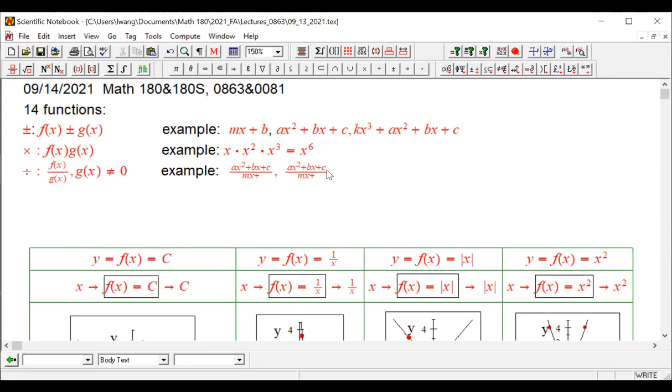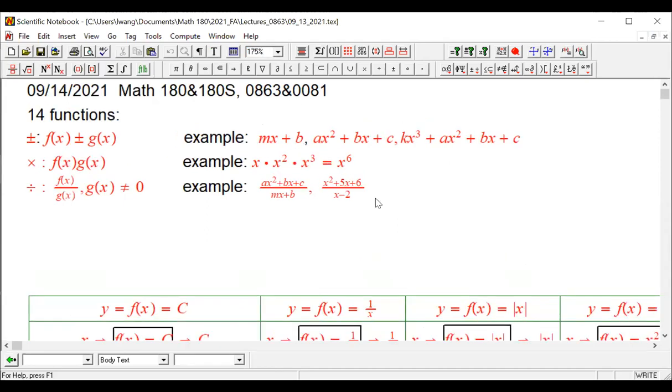And this time I'm going to have x squared plus 5x plus 6, I'm just doing it randomly, over x minus 2. You follow me? Those are the new functions you can create. Adding, subtracting, multiplying, dividing, we can create numerous functions.